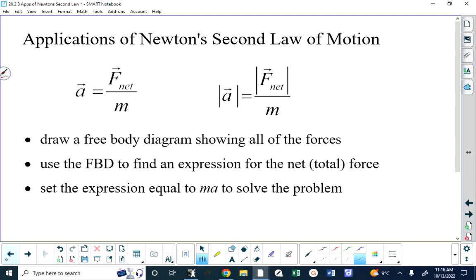It shows you all of the forces acting on the mass, and you have to know what to do to those forces to get the net force, because it's the net force that determines the acceleration. So you use the free body diagram to find out what you do with the individual forces to get the net force. You build an equation setting the result equal to ma and solve the problem.